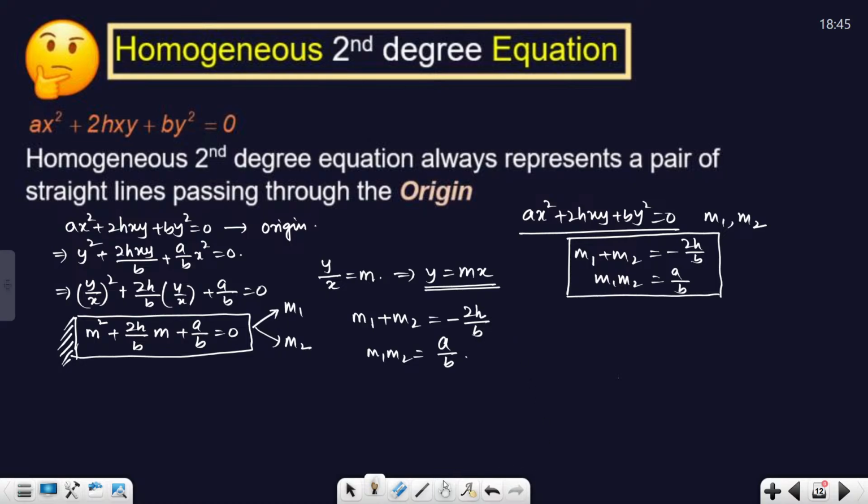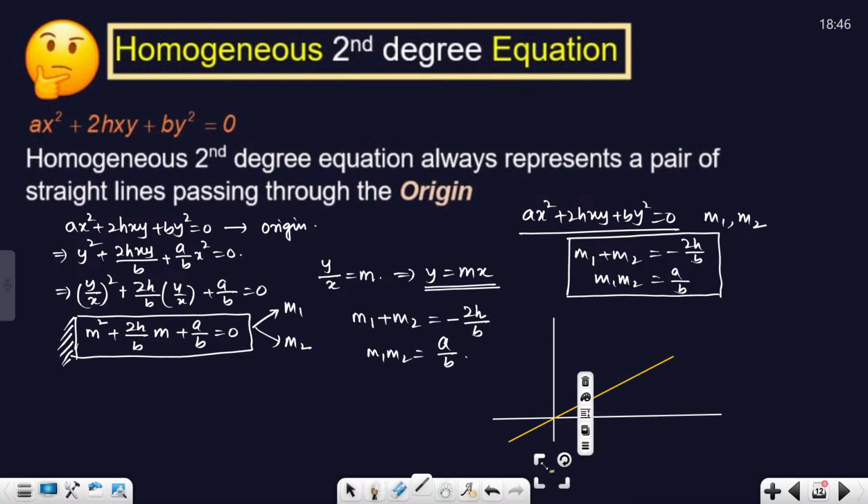Let me draw two straight lines passing through the origin. Let us say this is my one line and my other line is this, okay? Now, these two lines are having their equations like y equals to m1x and y equals to m2x.